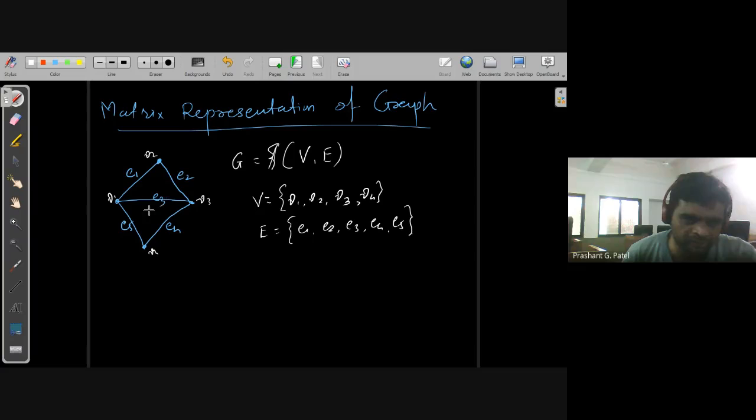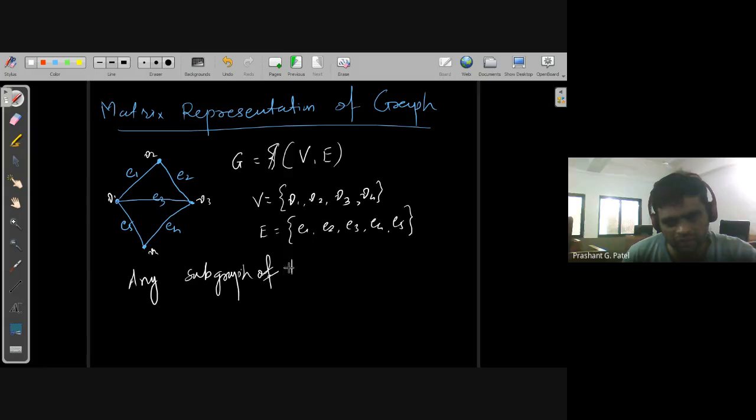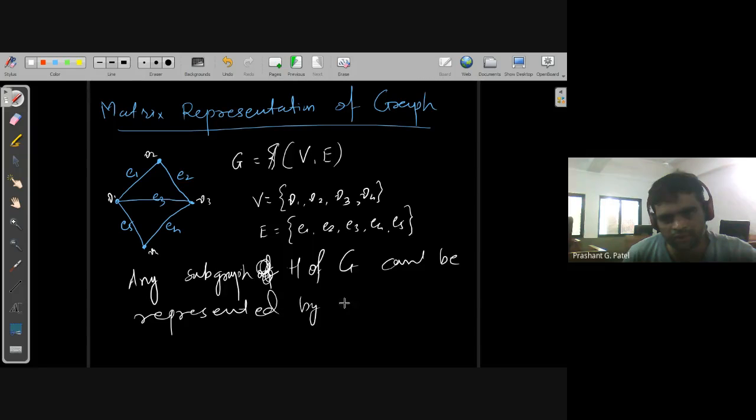Now any subgraph H of G can be represented by 5 tuples.